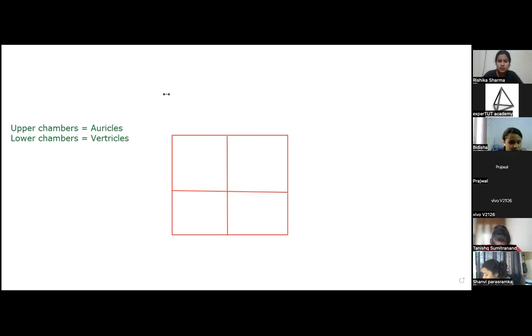So suppose this is your left auricle. I'm writing the short forms. And this is your right auricle. You may see it reversed according to your own right and left. This is your left ventricle and this is your right ventricle.